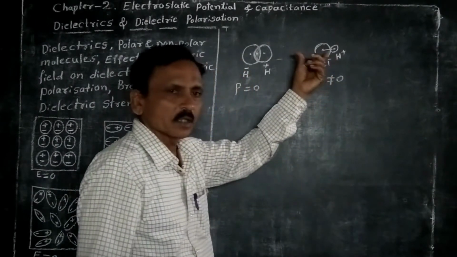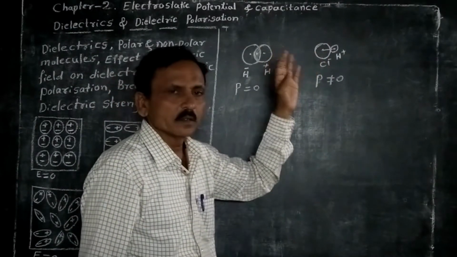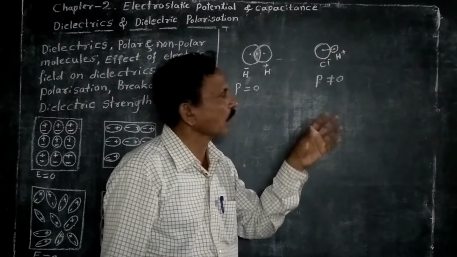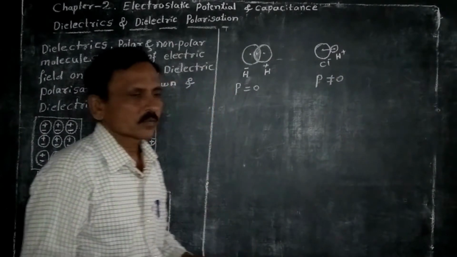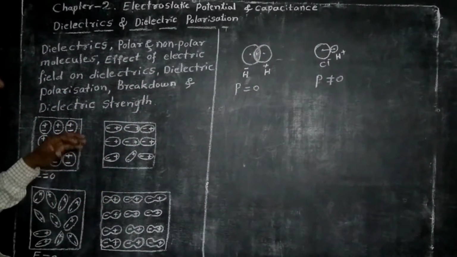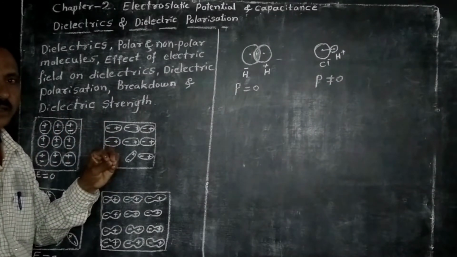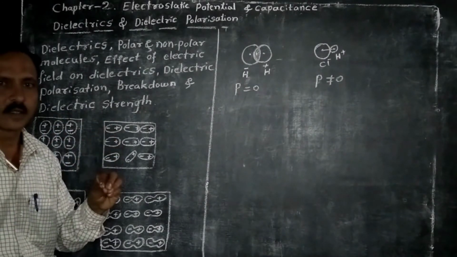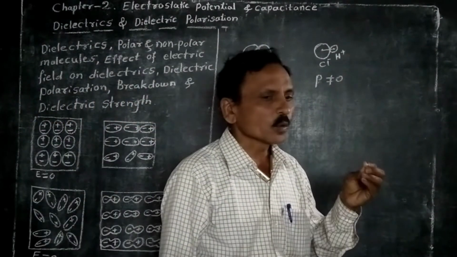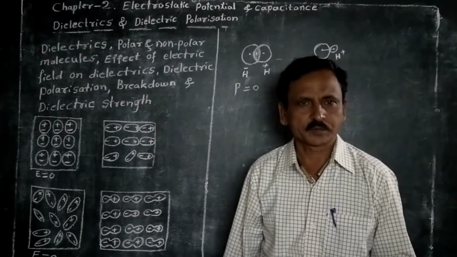Examples: HCl, water, chlorine, ammonia, etc. And the dielectrics which are made of non-polar molecules are called non-polar dielectrics, and dielectrics made up of polar molecules are called polar dielectrics.